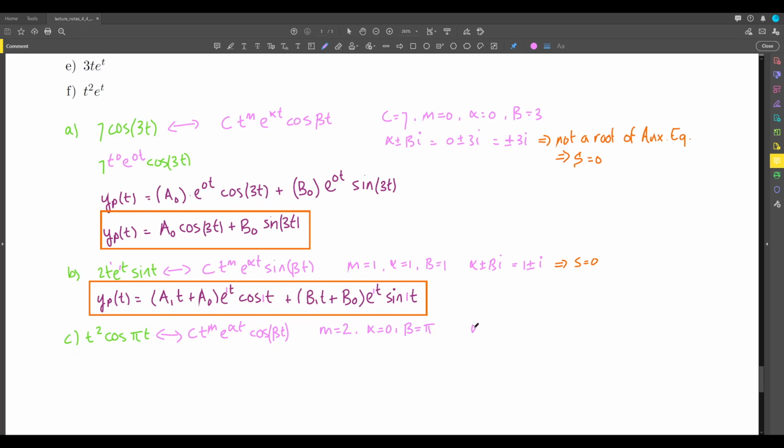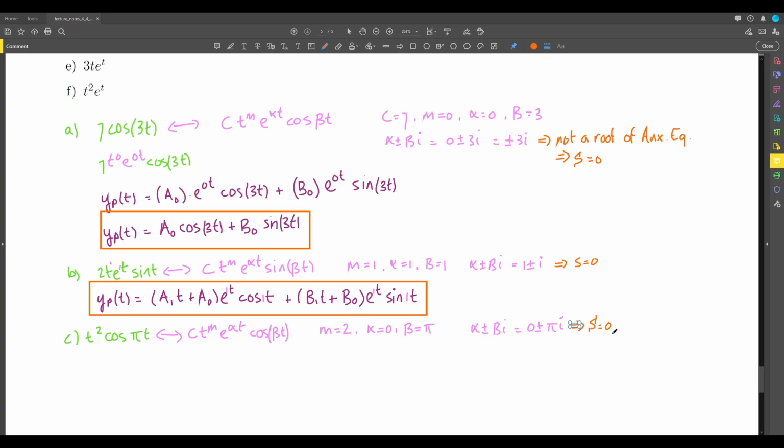Real quick, alpha plus or minus beta I, that's 0 plus or minus pi times I. That's not a root of the auxiliary equation. So again, we have that s is 0.